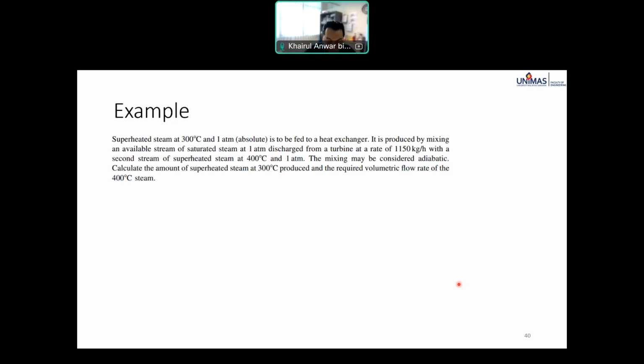From the mixer, we need to find another one, m2, the rate for the outlet.